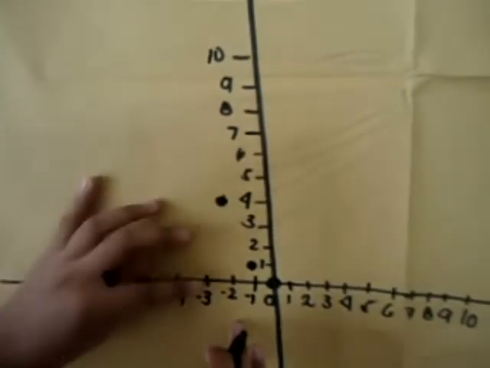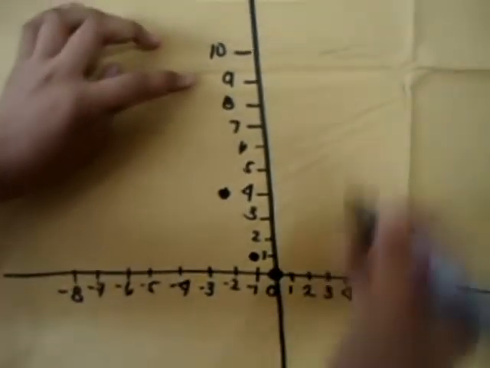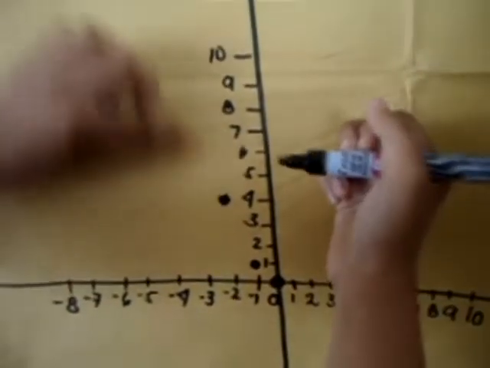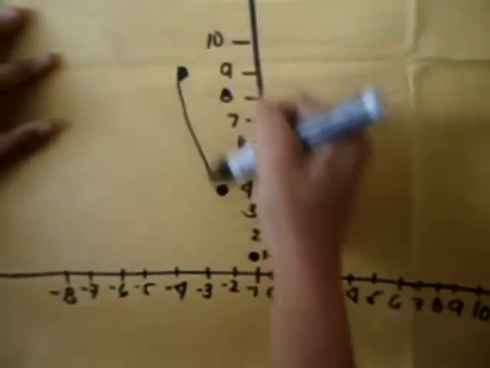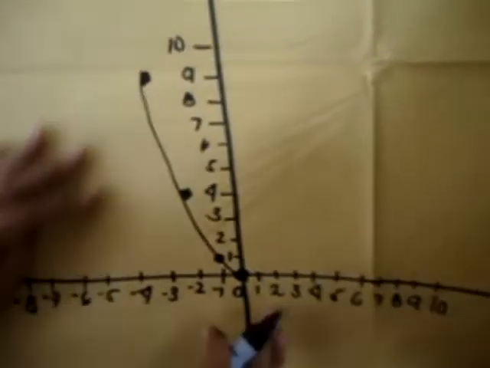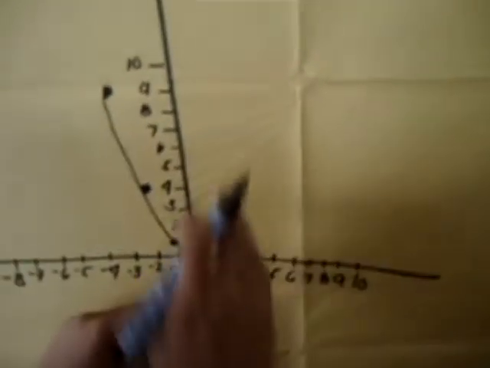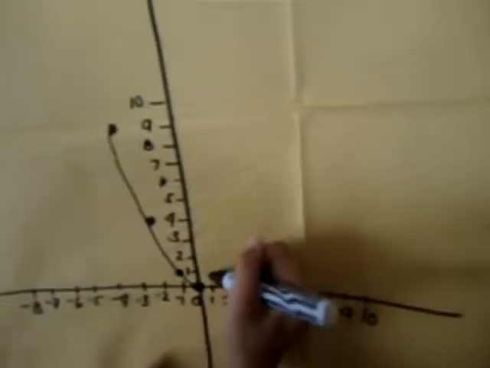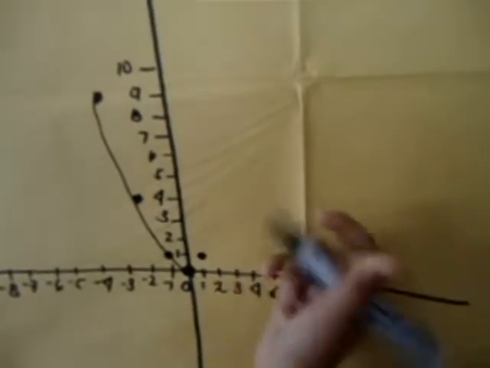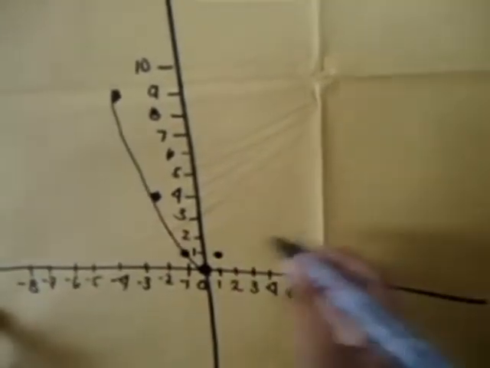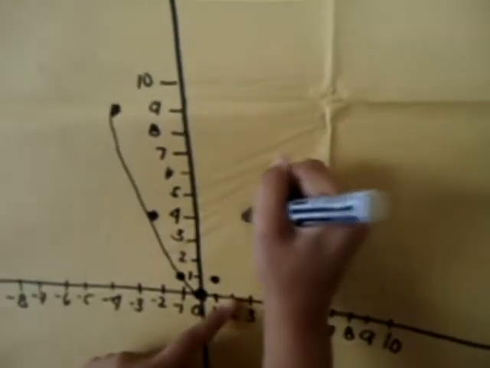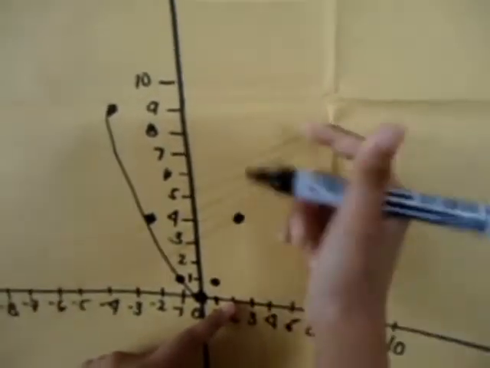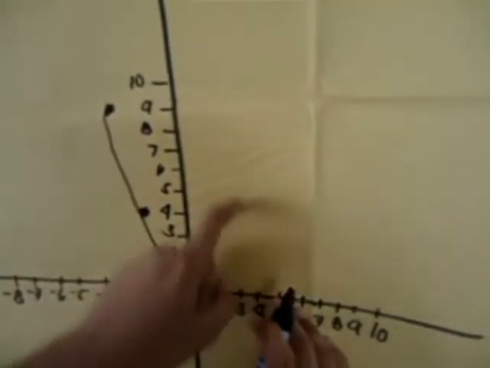And then, negative 3, positive 9. On the other side, we have 1, positive 1. And then, 2, positive 4. And then, 3, positive 9.